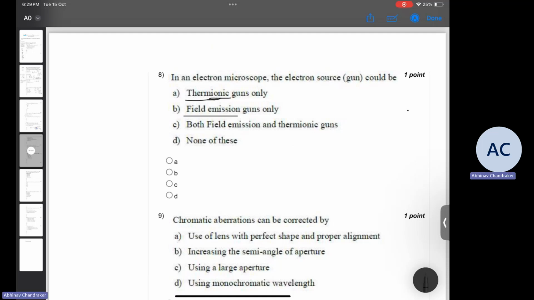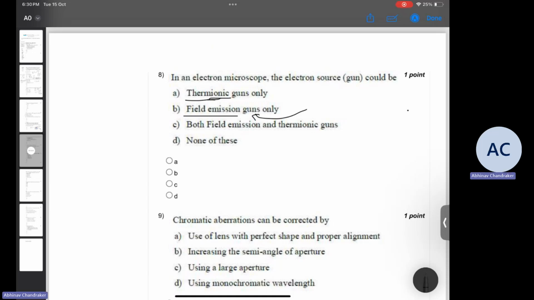The filament gets heated to such a high temperature that electrons start getting expelled from the atoms, and as a result we get emission of electrons. In a field emission gun, the difference is that we use a very high electric field to draw out the electrons from a very thin, needle-like tip.